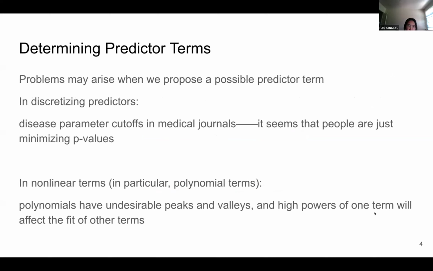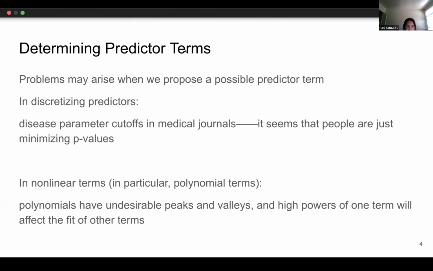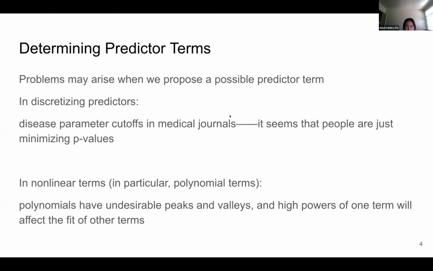So because there are problems arising when determining predictor terms, we want to address them. For example, in discretizing predictors, an example that the book mentioned and a few previous papers point out is that in the last century, when medical papers predicted disease parameter cutoffs, it seems people were just minimizing p-values. So they were finding the exact cutoff points where the p-value is minimized.